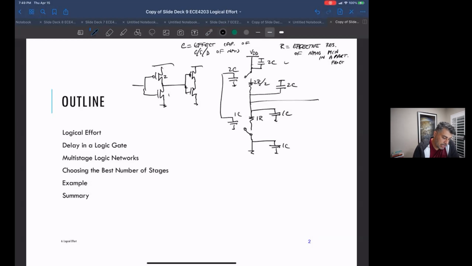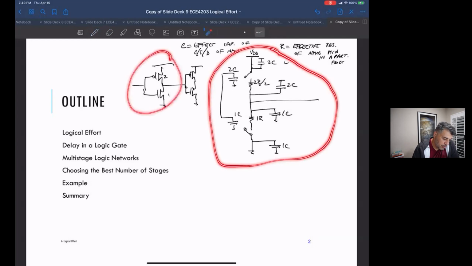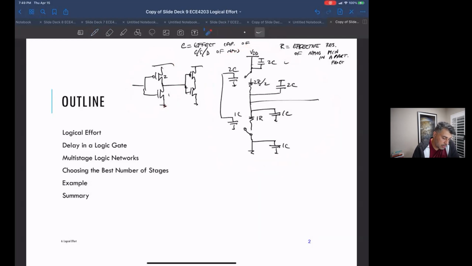So this whole thing is this first stage. Let's say I want to figure out the delay here. I just need to draw the gate of the inverter that I'm driving, so I'm going to add 2C for that gate. This stage is exactly like this stage. So we just have 2C for the gate capacitance of this one, and 1C for the gate capacitance of that one.